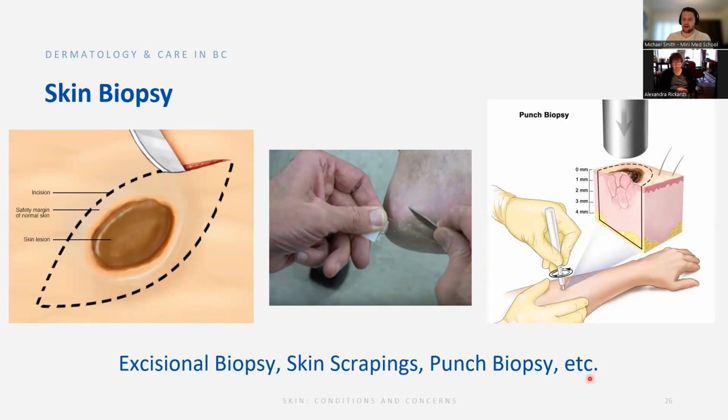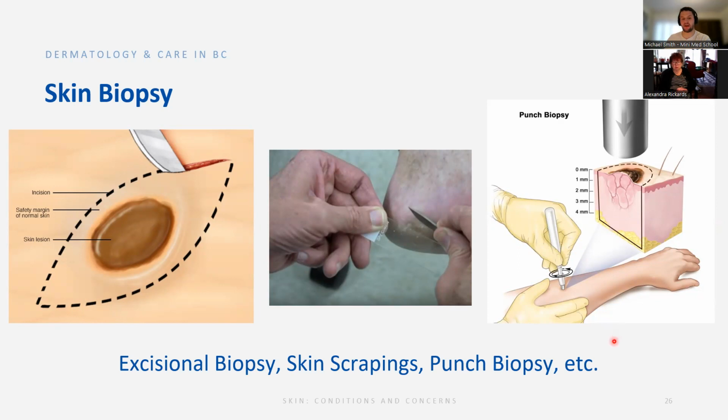The next thing that they can do, as you can imagine, it's hard to cut out everything that looks abnormal. If the lesion is really big and they can't get it all, and they want to see what it is before treating it, or to see how deep it is, they can do something called a punch biopsy. They essentially take a core sample of the lesion, and then again, it's looked at under a microscope to assess what it is.